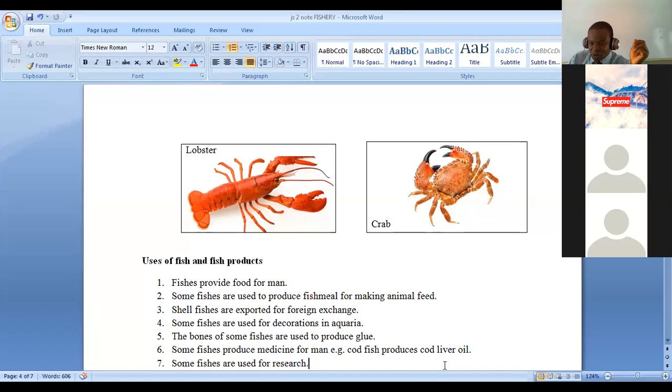The omega-3 oil is very important, especially for infants, between the age of a month and let's say the first 2 years of life. So when you are young, your mother must have given you cod liver oil. So it is very useful. That's one of the products we get from fishes.